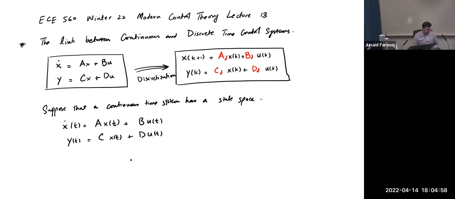So basically, when we discretize the system, we try to sample it in some way.